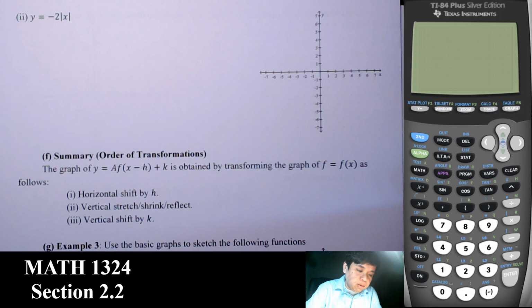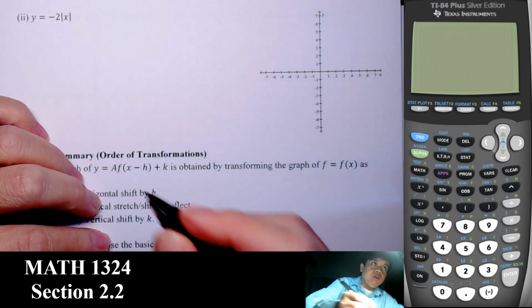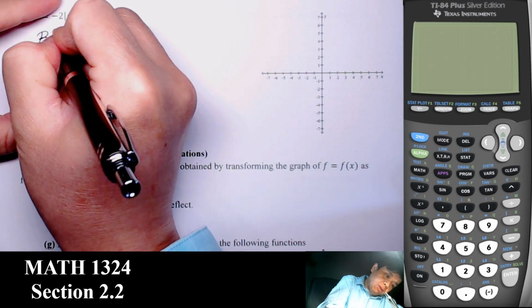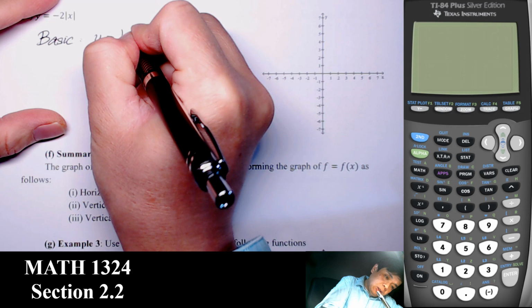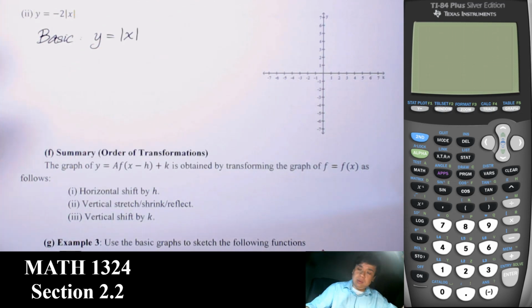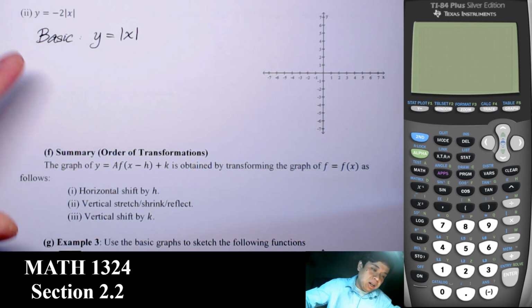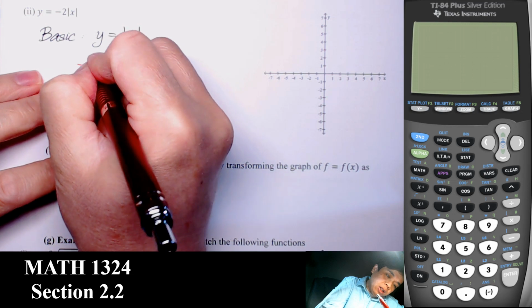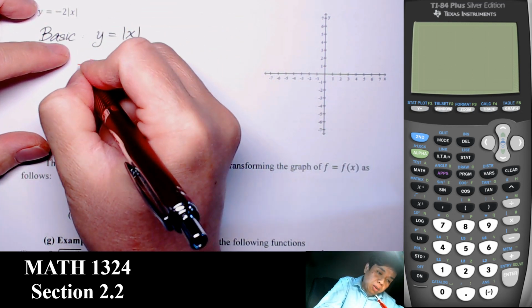y equals negative 2 absolute value of x. So of course the basic is the absolute value of x. That's a V. And now we have the minus 2. So focus on two things: the minus and the 2.